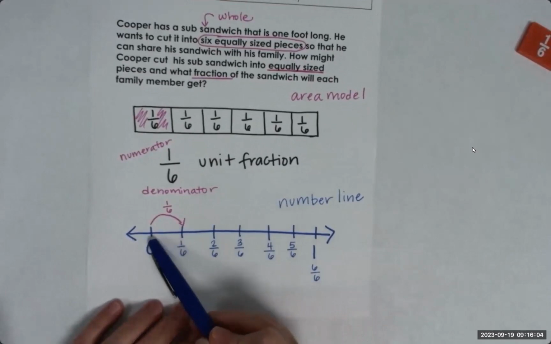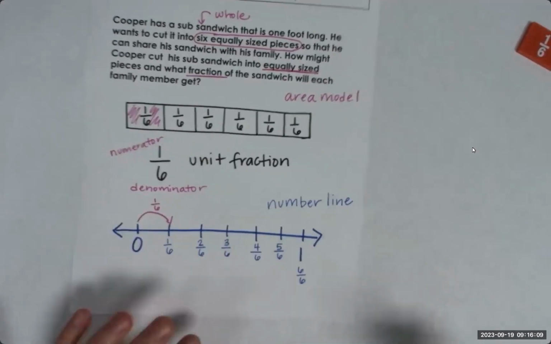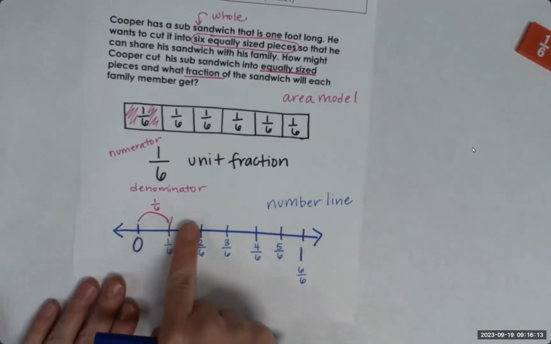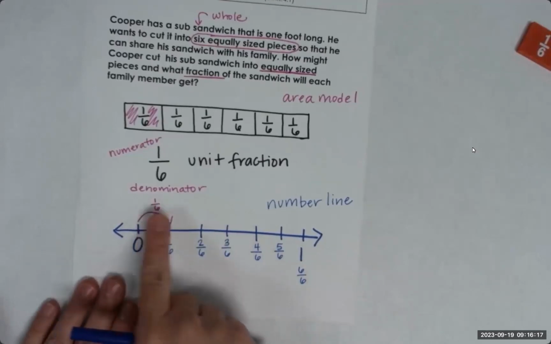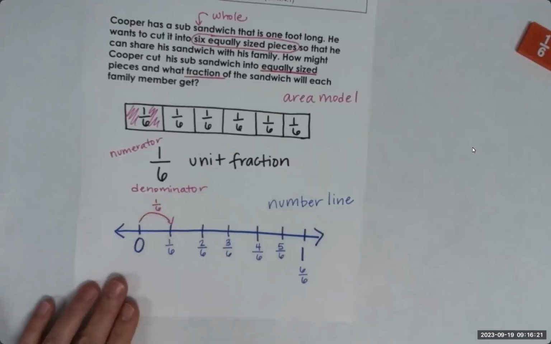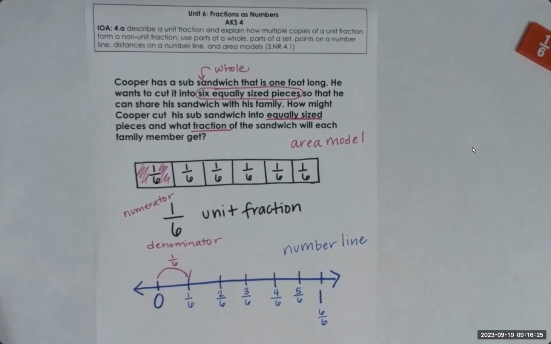But remember that we're talking about the distances in between those tick marks on our number line and making sure that students understand that we are counting the distances. So like this piece is for one family member, this piece is for another family member, and so on and so forth. Okay, so that is how we represent our unit fractions.